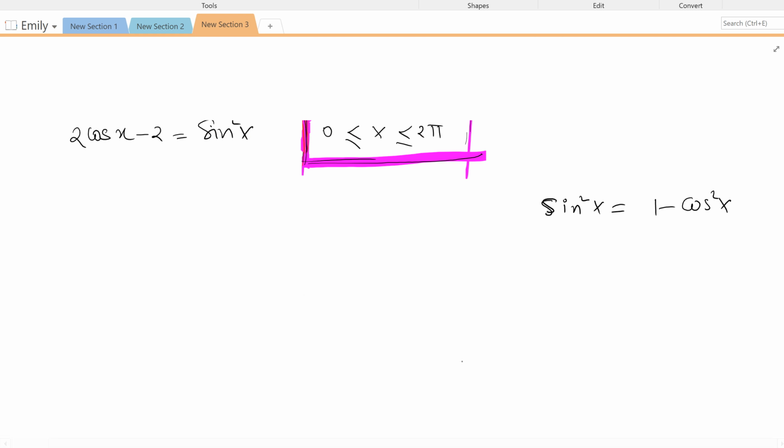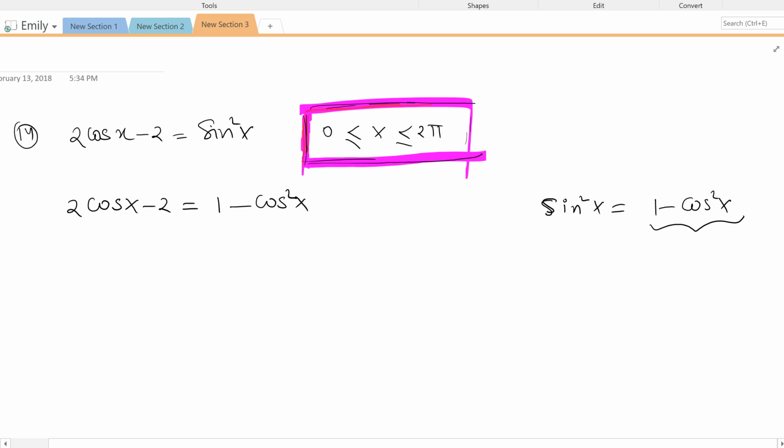So by using that, you can convert that to this form. And in this form, we have cosine on both sides. So you move them to the left hand side. So you're going to get positive cos squared x plus 2 cos x minus 2 minus 1 equals 0.